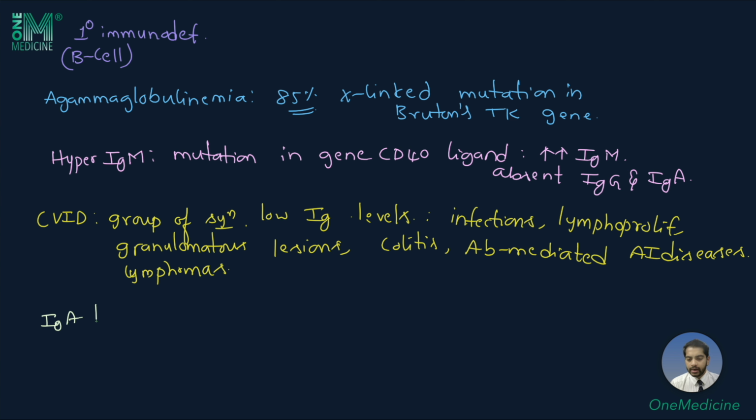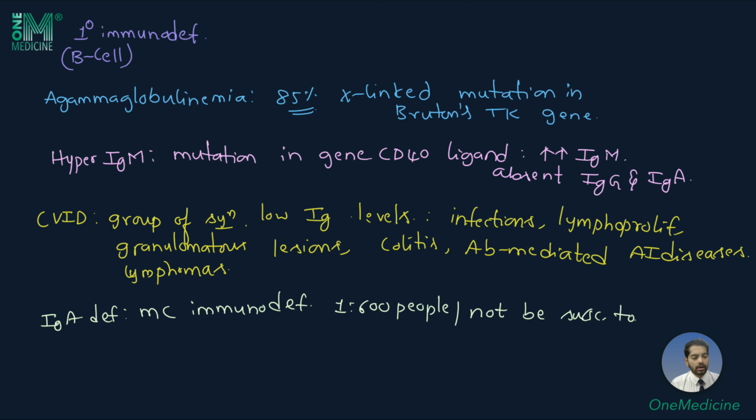Isolated IgA deficiency is the most common immunodeficiency, and it usually affects 1 in 600 people. Even with an absent IgA, the patients may not be susceptible to infections. Some of these patients can progress to common variable immunodeficiency syndrome. Another example is selective antibody deficiency to polysaccharide antigens.